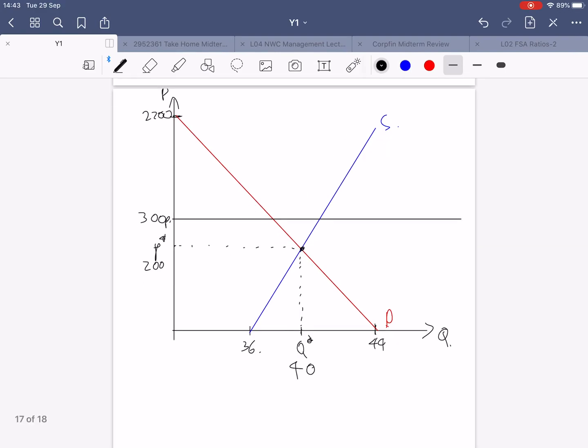So we can see the demand when the price is 300 is here, and the supply when P is close to 300 is here. So we want to find both of the quantities in order to find the surplus.